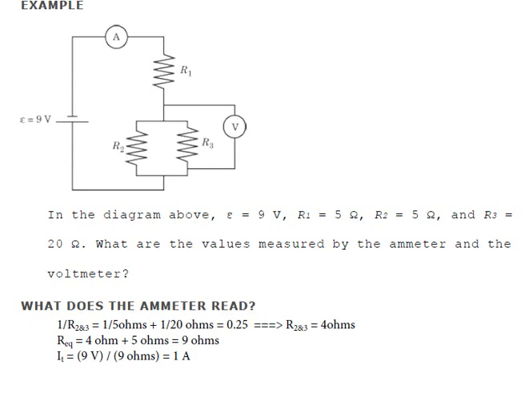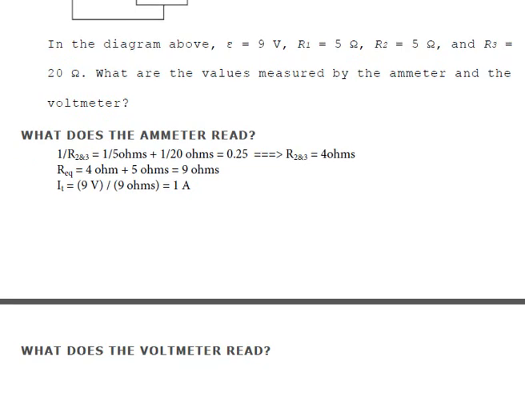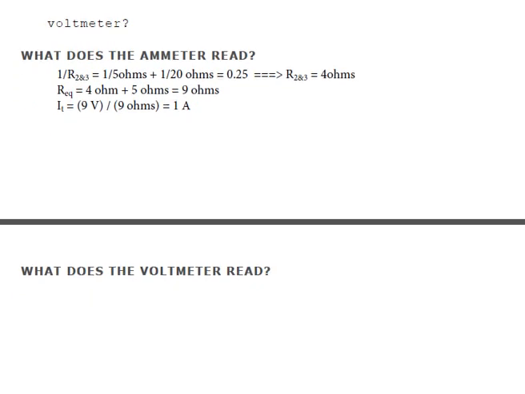For the next part, we want to figure out what the voltmeter says. So it's connected only across R3, but we know that the drop from one side of a parallel to the other is the same on both branches. So we can use the information that we have about the equivalent resistance for 2 and 3 to figure that out.